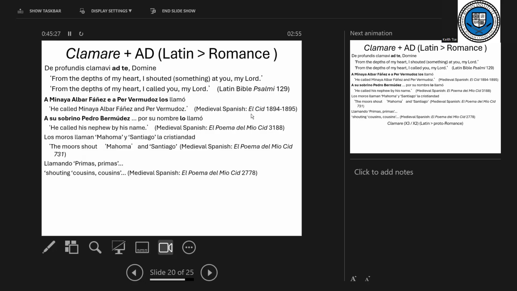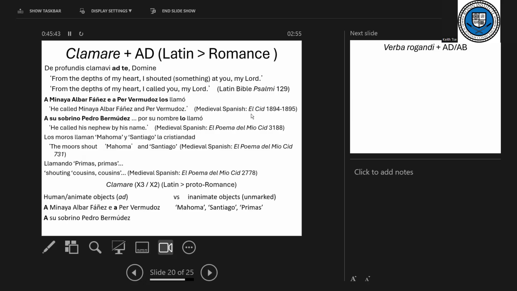Okay, so the Moors shout, and also the other example, "llamando primas primas", so shouting cousins cousins, etc. So the idea is that in the transition from a three-place verb to a two-place verb, clamare seems to have created a synchronic opposition between human animate objects marked by ad, as seen here, and inanimate objects unmarked. So this opposition seems to anticipate Romance DOM.